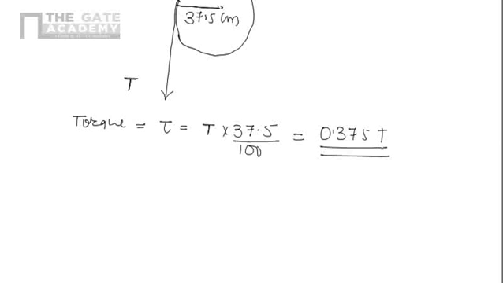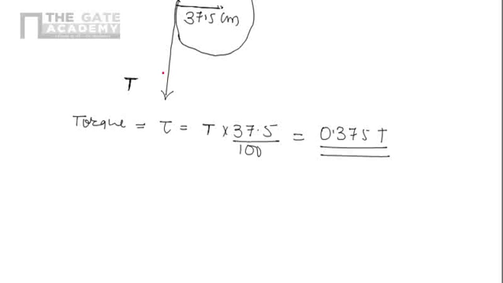Now only the torque is acting on the drum. Now according to D'Alembert's principle, if the body is in dynamic equilibrium, then there will be an external force as well as the inertia force. Here I am just showing the torque. If we apply the inertia torque in the direction opposite to the motion, then it will be in dynamic equilibrium.